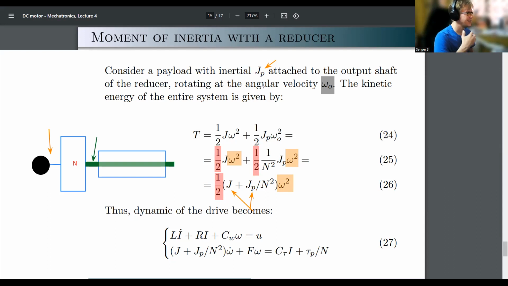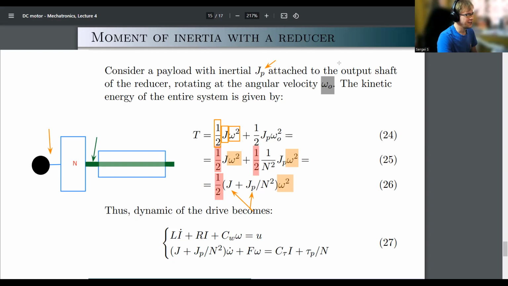But this is inertia. Kinetic energy, by definition, is structured this way. It is 1/2 inertia omega squared, or angular velocity squared. This is a rotational inertia, rotational kinetic energy. So it has to be 1/2 times inertia times angular velocity squared.